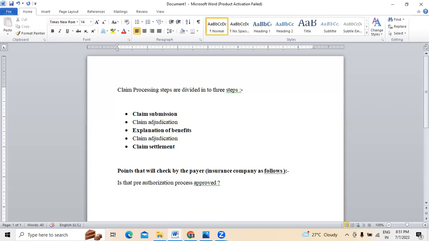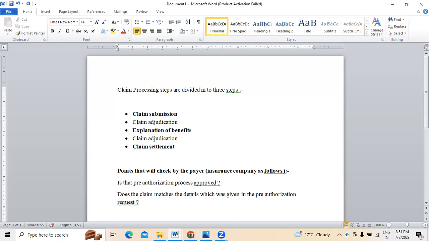Second, does the claim match the details which were given in the pre-authorization request? They have to see this as well.